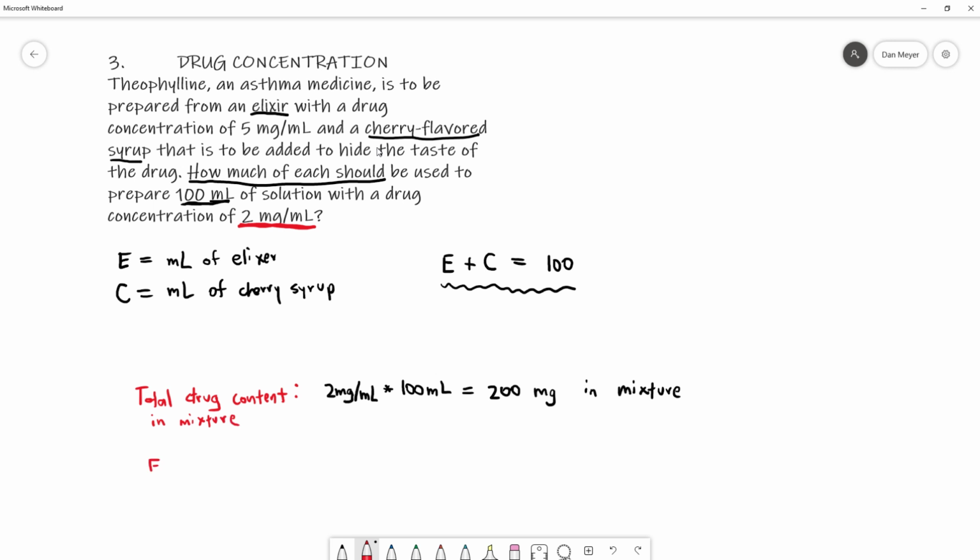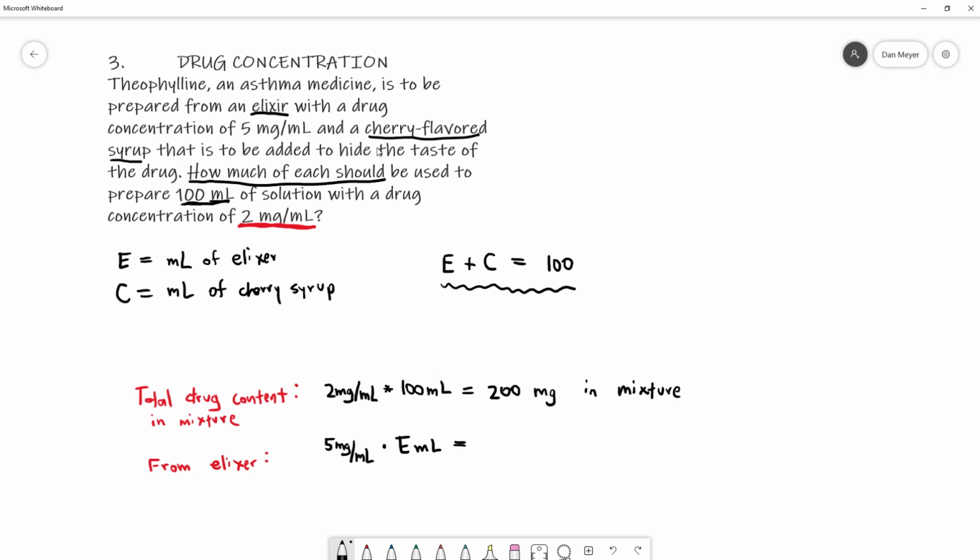If I want to know how much of the drug comes from the elixir, well, the elixir has a concentration of 5 milligrams per milliliter, and I'm putting in E milliliters of the elixir.